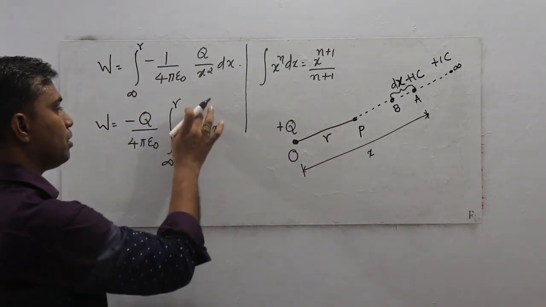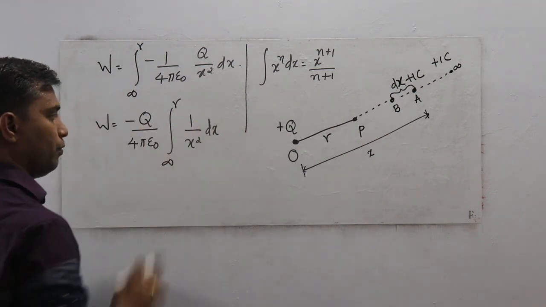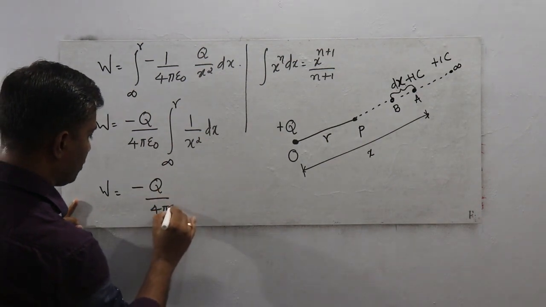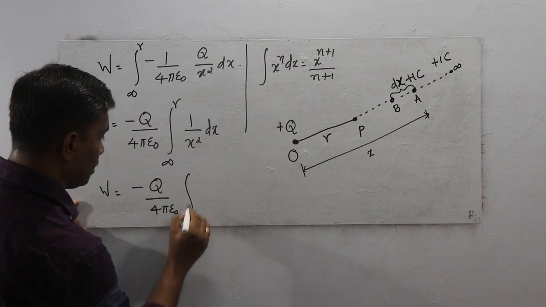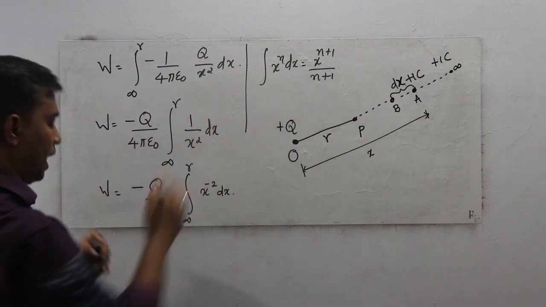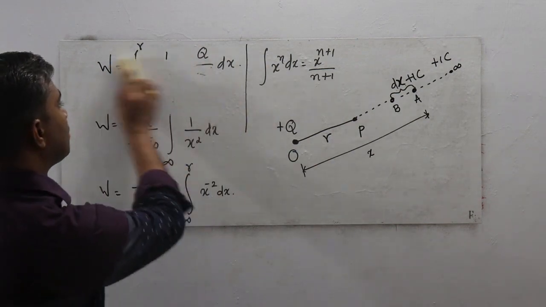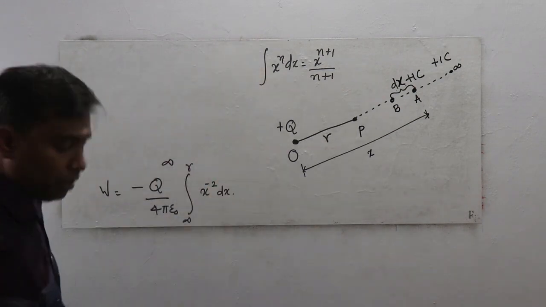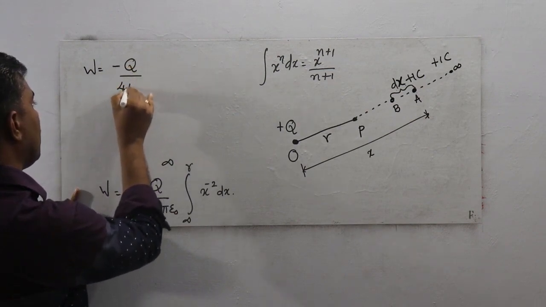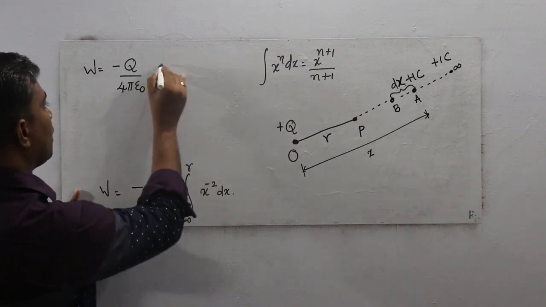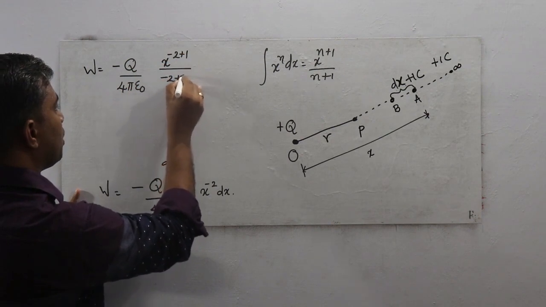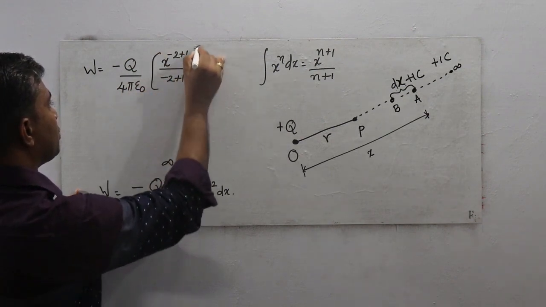Okay, first we are going to integrate this value. So we get W = -Q/4πε0, I am going to write this as integral of x raised to -2 dx. Now we can use this identity. Then we get the work done is equal to -Q divided by 4πε0, x raised to -2+1 divided by -2+1 within the limit of infinity to r. Then solving this, we get the work done W = -Q/4πε0 x raised to -1 by -1 within the limit of infinity to r.